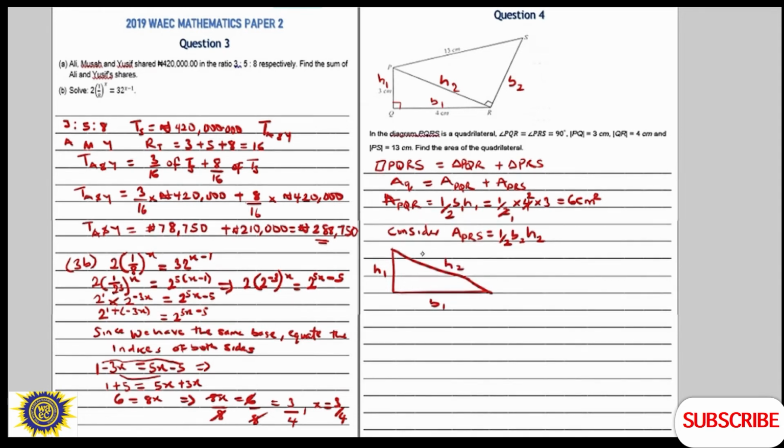The H2 here is our hypotenuse for this triangle, and this side is our opposite, and these are going to be our adjacent. But don't forget that this side has been given as well. This is 3 centimeter, and this is 4 centimeter. So this is supposed to be adjacent.